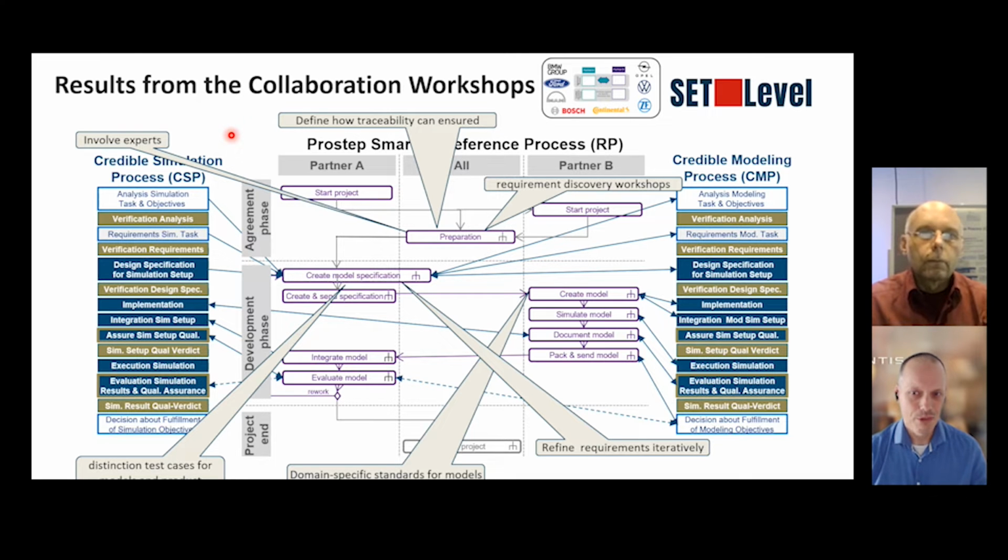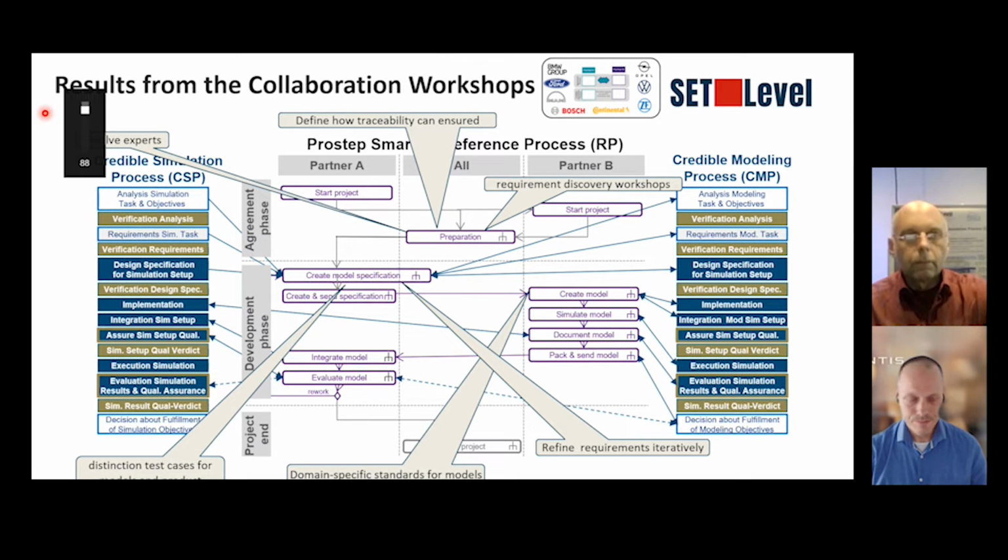This stuff is complex in the true sense of the word, and we can handle complexity only together. It's not possible alone and not against each other. So we really need such a collaboration aspect and process to work together.